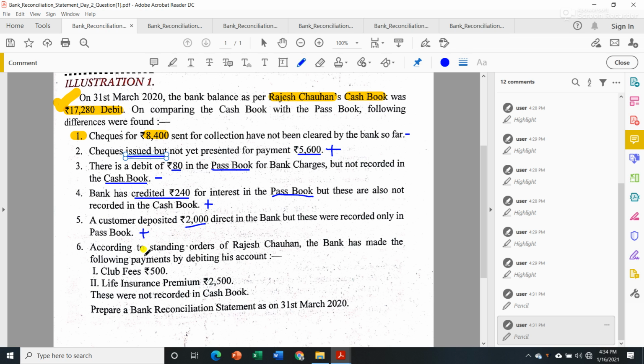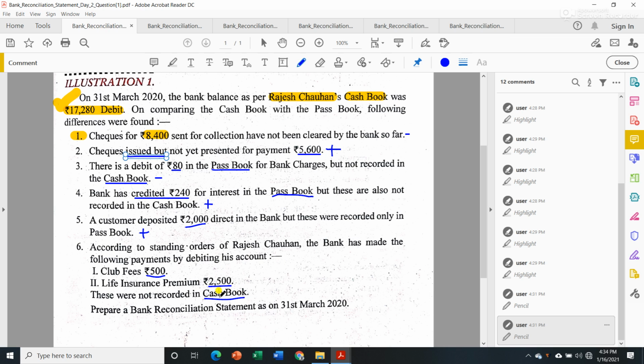Okay, then next, according to standing orders of Rajesh Chauhan, the bank has made the following payments by debiting his account. Means Rajesh Chauhan already gave an order to his bank to pay club fees rupees 500 and life insurance premium 2,500. Since the bank already paid this 500 and 2,500, it was recorded in the passbook, but it was not recorded in the cash book.